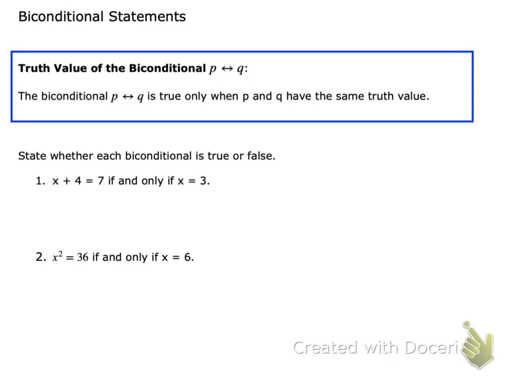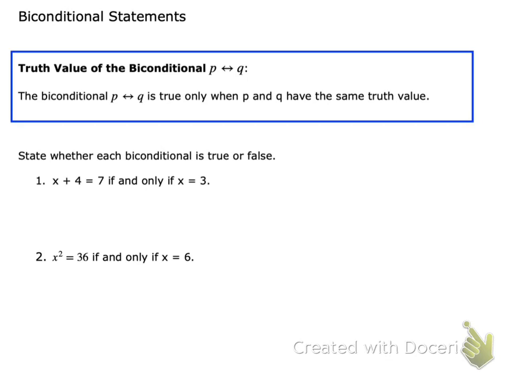Truth value of biconditional. Truth value of conditional, we said the only time we get false is if our P is true and our Q is false. Every other condition, true. The truth value of the biconditional gets a little bit tricky because what it says is it's only true when P and Q have the same truth value.